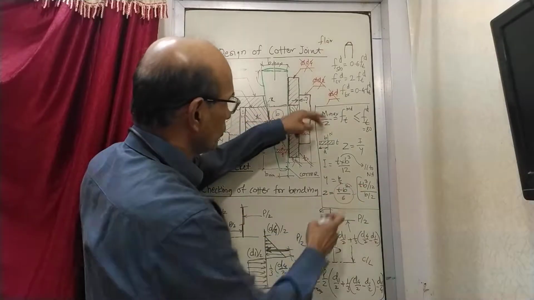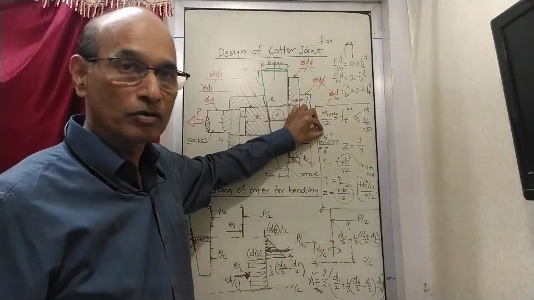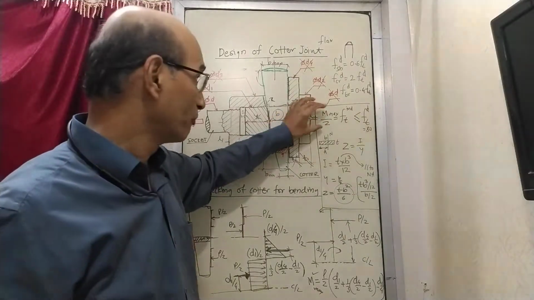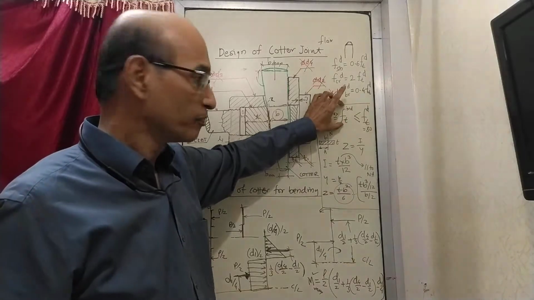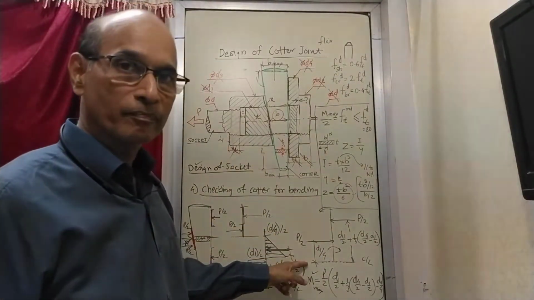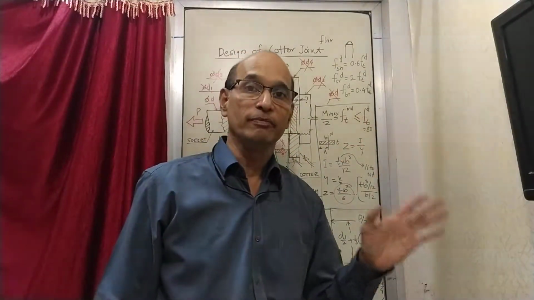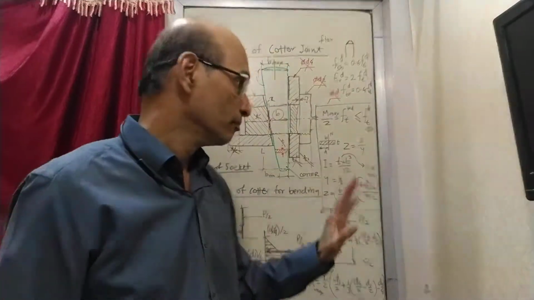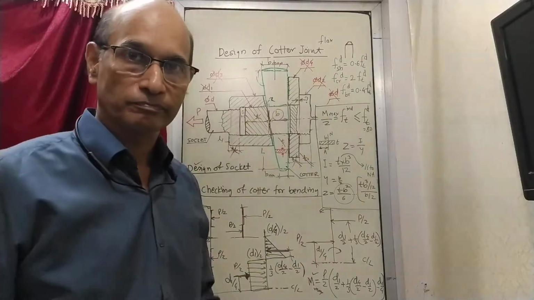So everything you know. So you can find out M, you can find out Z, you can divide them and find out the value of stress. That is the stress which is induced because of this bending action, and that bending stress we want it to be less than 80. If it is so, that means bending stress is not exceeding and this will be safe, it will not bend.